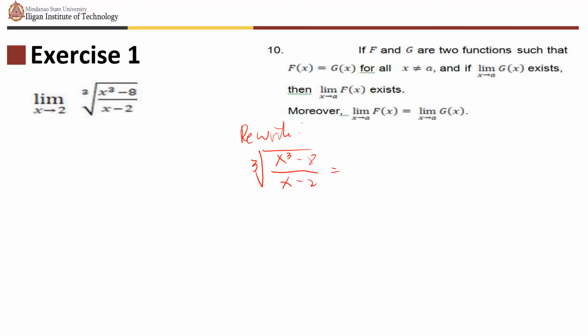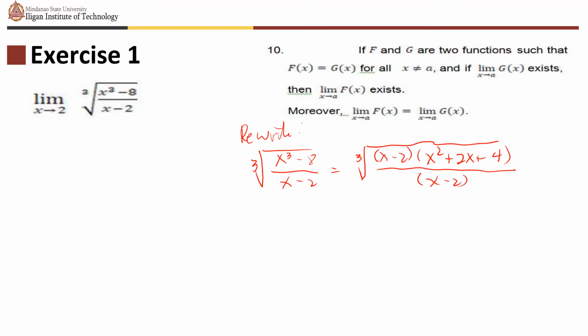It's the same as the cube root of x minus 2 times x squared plus 2x plus 4 all over x minus 2.